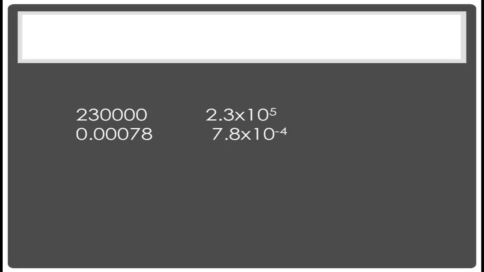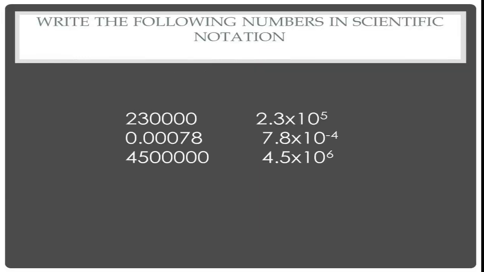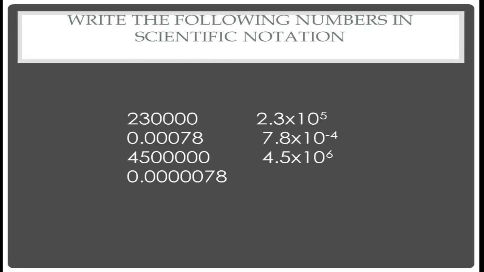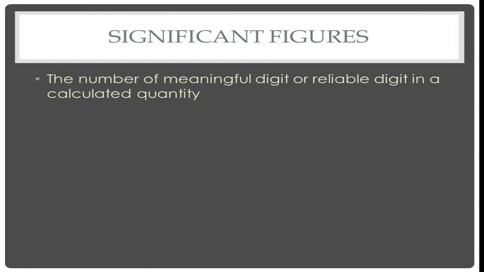In the same way, in the next situation, after 45 there are 5 zeros, so we can represent it as 4.5 times 10 power 6. Again, it is more than one and we are moving the decimal from right to left. Now again we have a smaller number, 0.0000078, which we can write as 7.8 times 10 power minus 6.